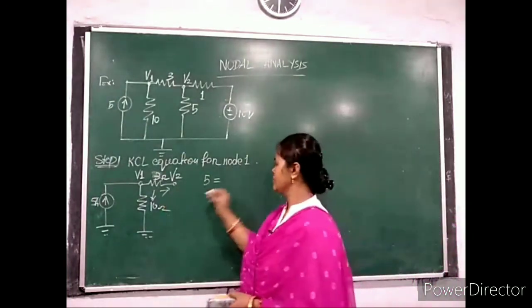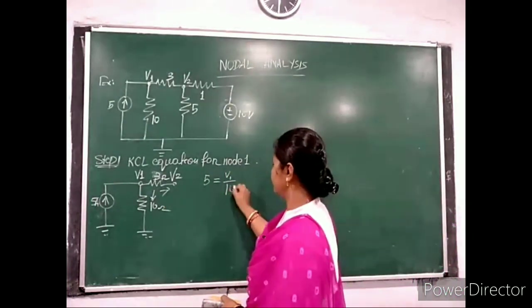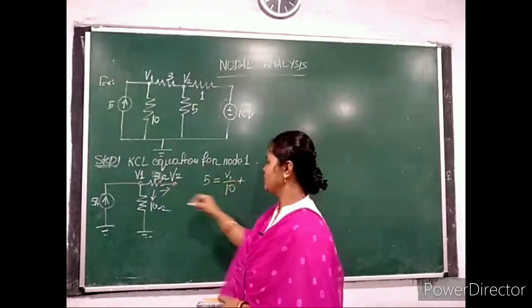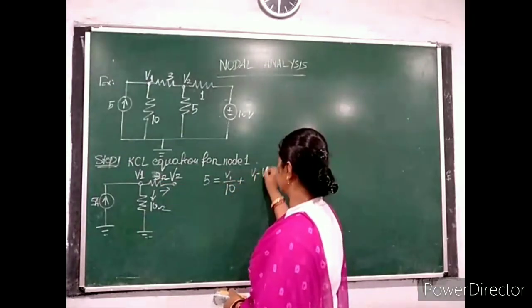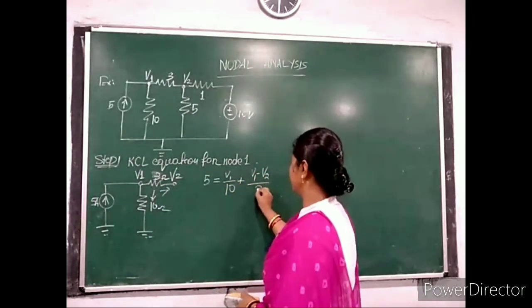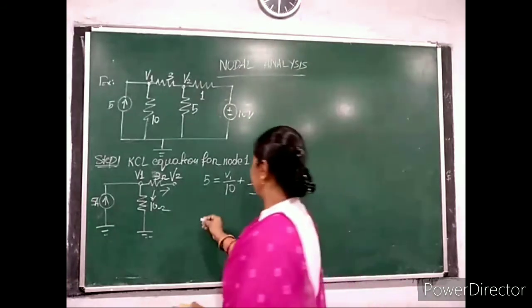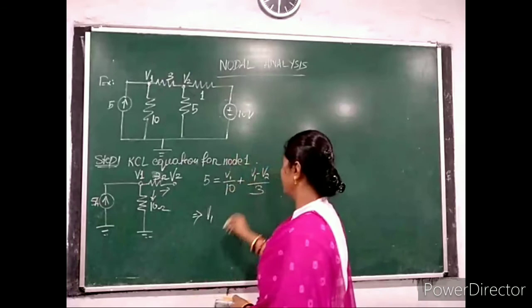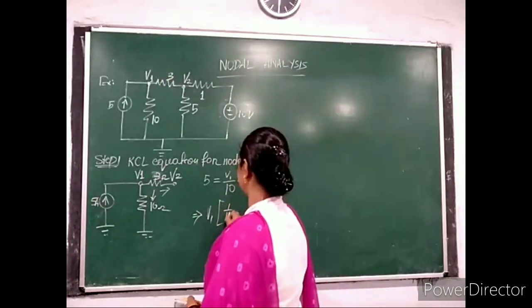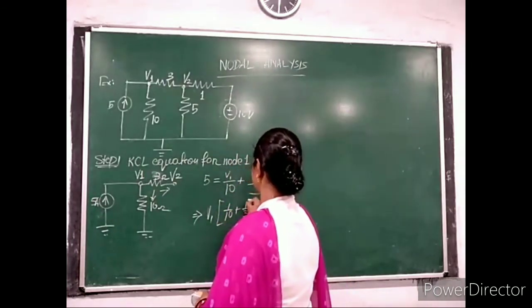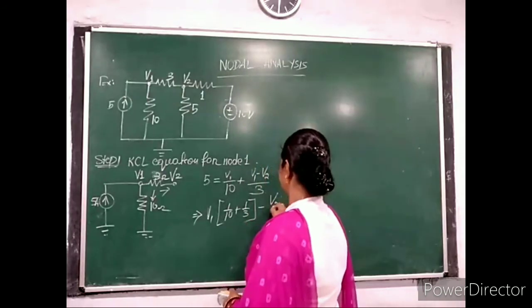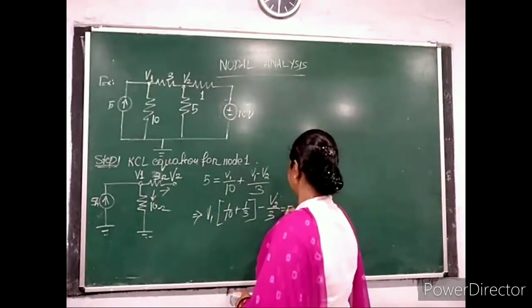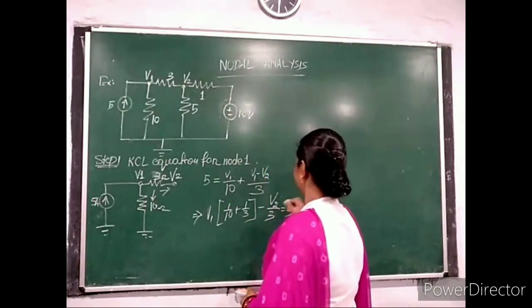Through 10 ohm it is V1 by 10, through 3 ohm it is (V1 minus V2) by 3. If you simplify this equation by taking V1 common, you get equation 1.